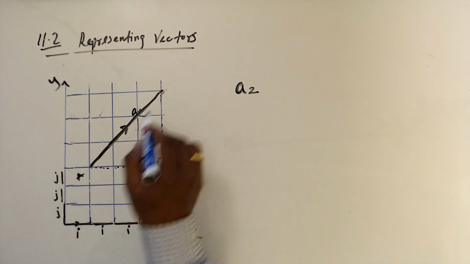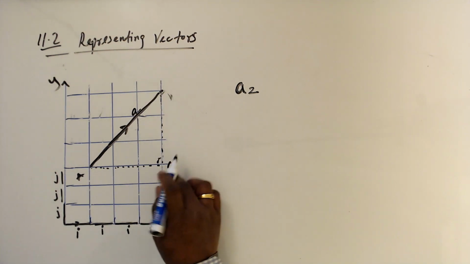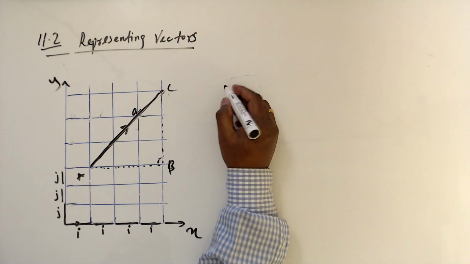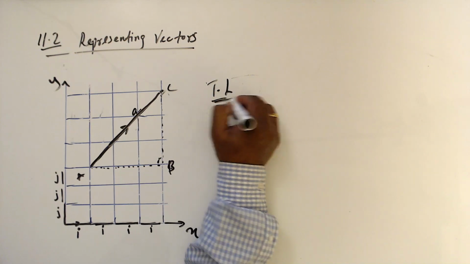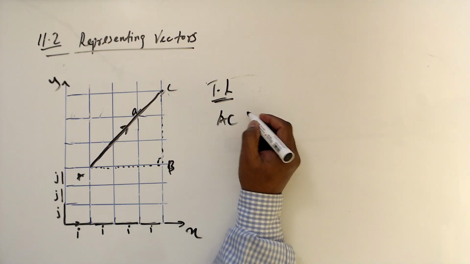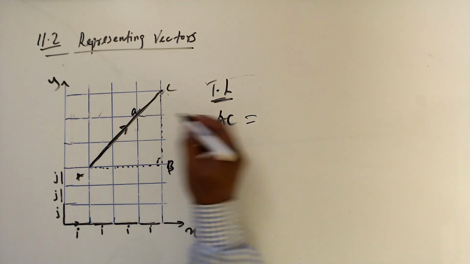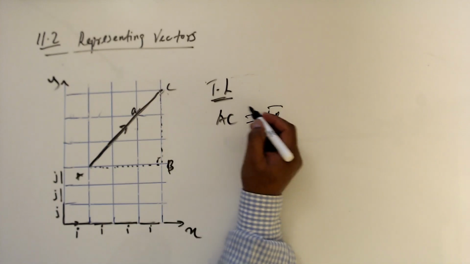I will take this as A, B, and C. So from the triangle law, we can write AC equals AB plus BC.